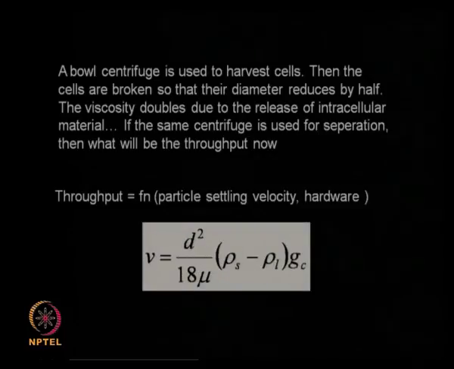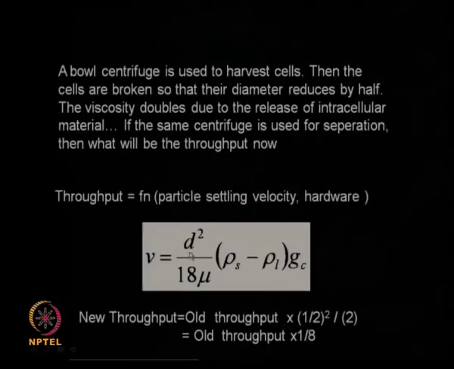If you recall your Stokes law, you have the viscosity term here and the diameter is a squared term. So viscosity has become 2 mu and the diameter has become d by 2 squared. So the velocity from the original value has changed because of the change in diameter as well as the change in viscosity, and that is going to affect my throughput, which is on the left hand side. So what is going to happen? Because the particles have gone down in size, the velocity will change in a squared fashion, and the viscosity has doubled, so the velocity is going to change in that fashion as well.